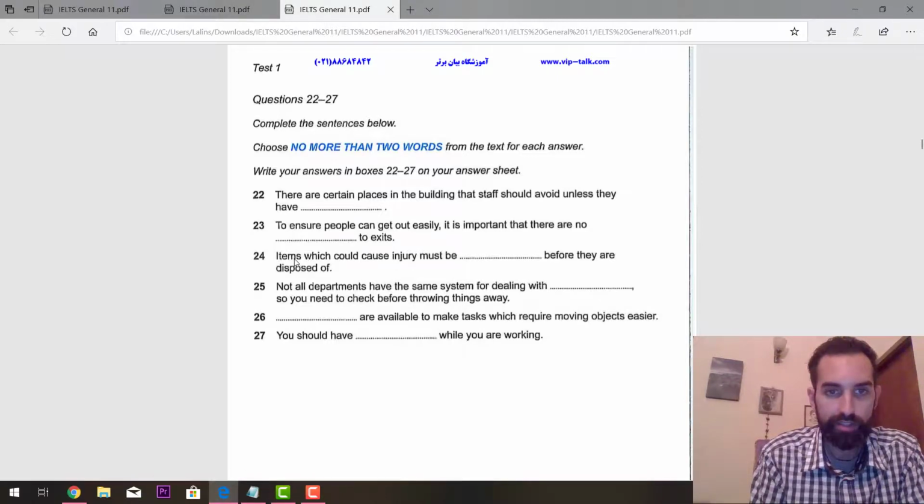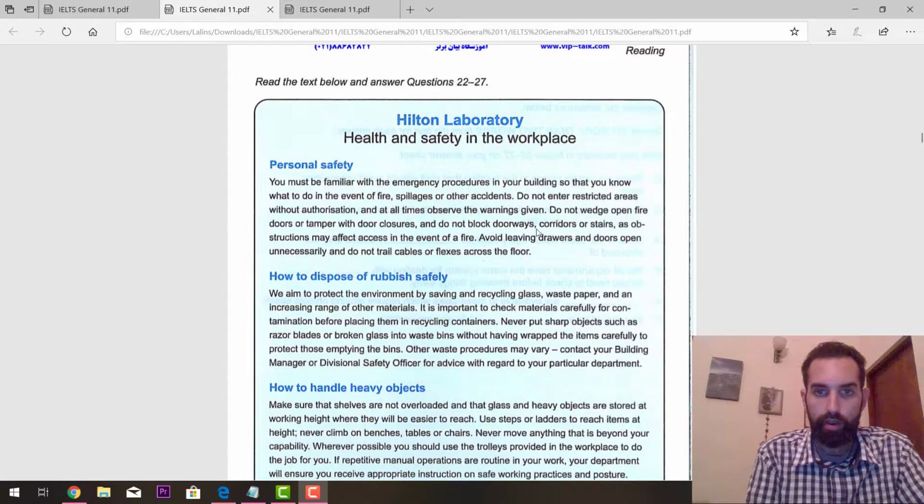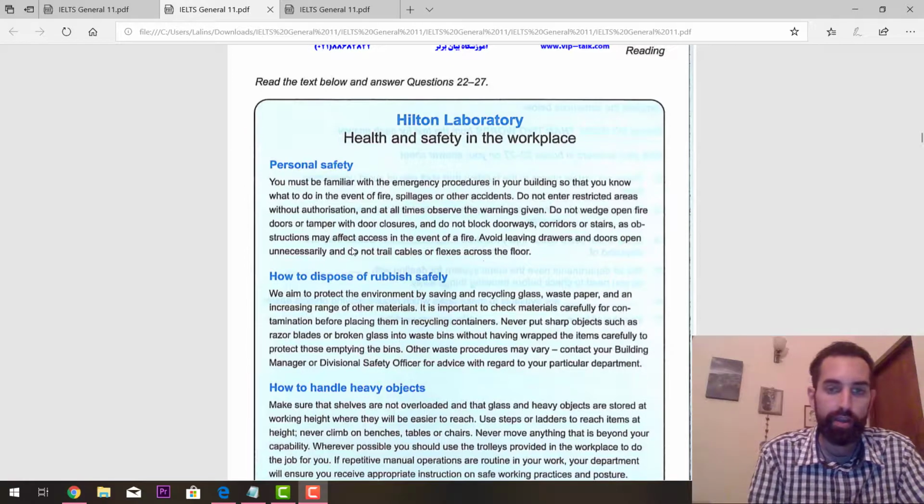24. Items which could cause injury must be blank before they are disposed of. Okay, so we're probably looking for how to dispose of rubbish safely. Now, avoid leaving drawers and doors open unnecessarily, and do not trail cables or flexes across the floor. Okay, so that's that section finished. And here, how to dispose of rubbish safely.